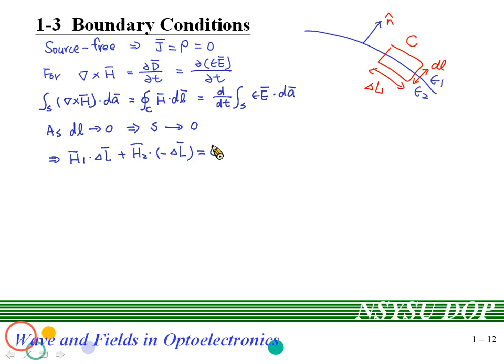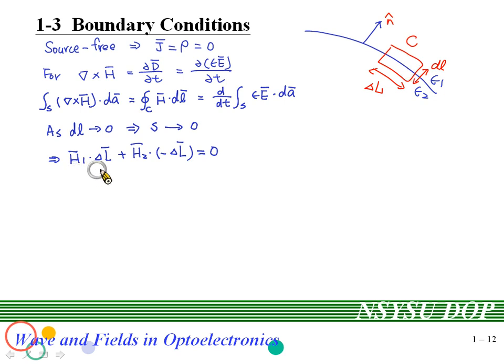Okay, and as I have mentioned, as we press the upper side and the lower side to the boundary, the delta L here will almost be the tangential part at the interface.